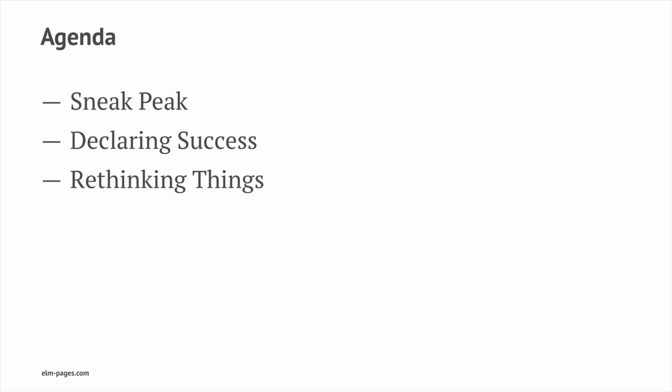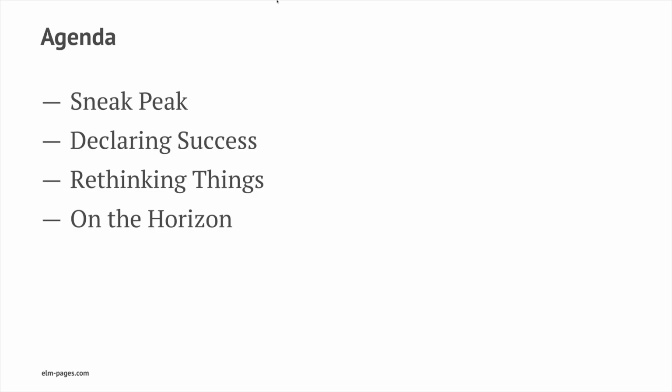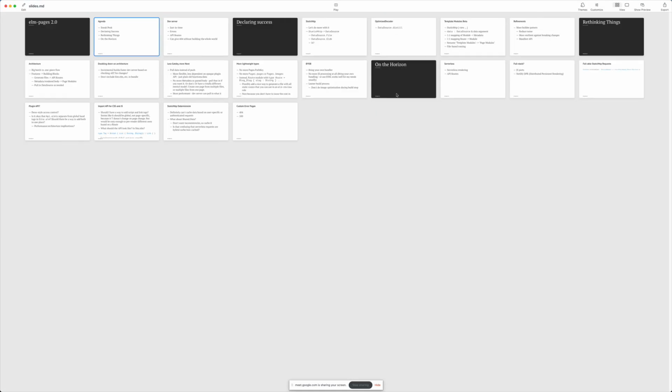Let me talk about some things that I want to declare success on, which is sort of like a year or so ago when I did a community call, I used that format. So I want to look back now and say what can we declare success on, and what might we want to rethink, and what has been rethought for 2.0, and then what are some things that I'm thinking about on the horizon. So, okay, so is this declaring success? Is that what I'm?